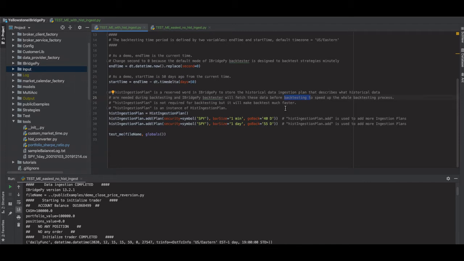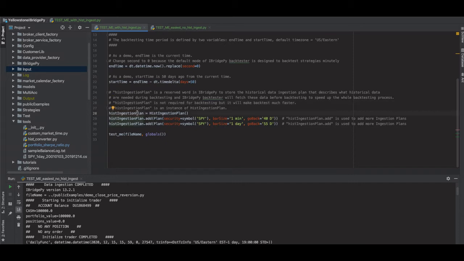And because the data is saved in the local cache, the backtesting will become much faster instead of fetching data from the broker every time it's needed. As we explained, HistIngestionPlan is not required for backtesting, but is recommended because it will make backtesting much faster.